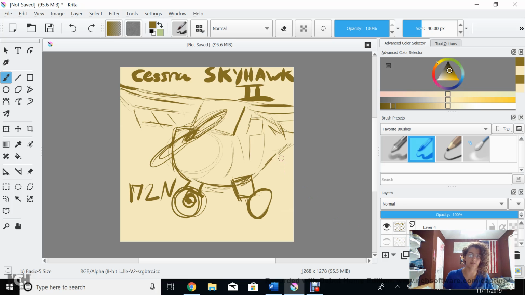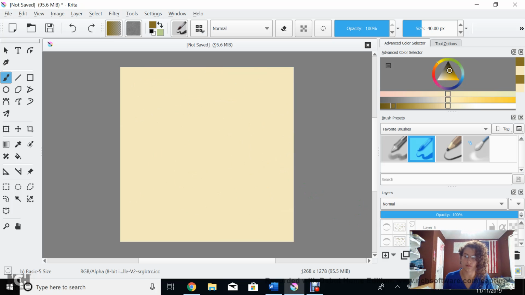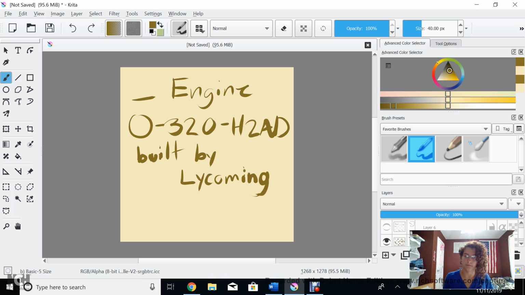So I fly a Cessna Skyhawk 2, which is also a 172N model. It has one engine, and it is an O-320-H2AD engine built by Lycoming.